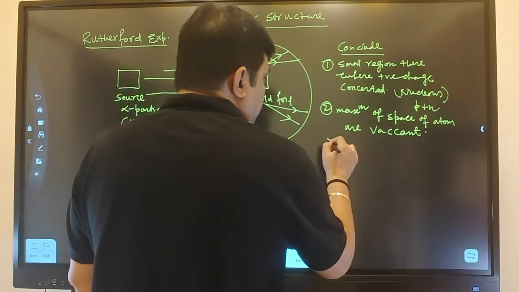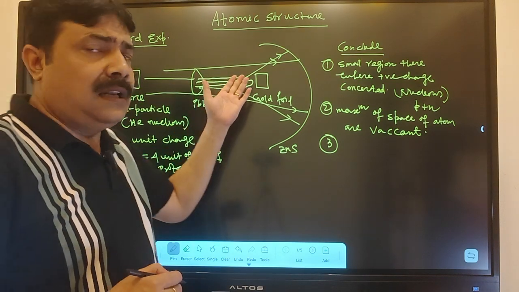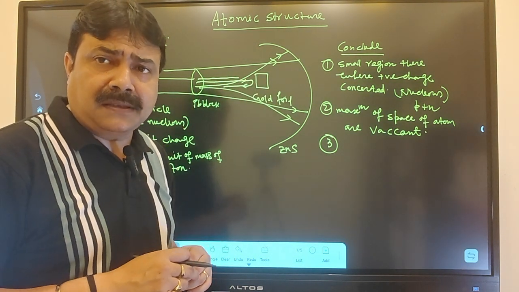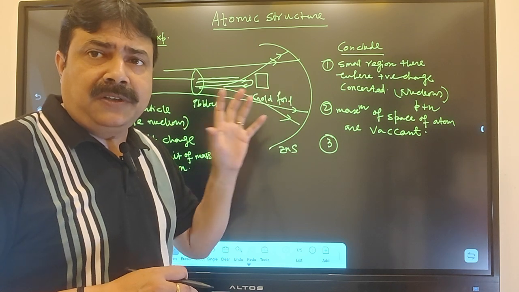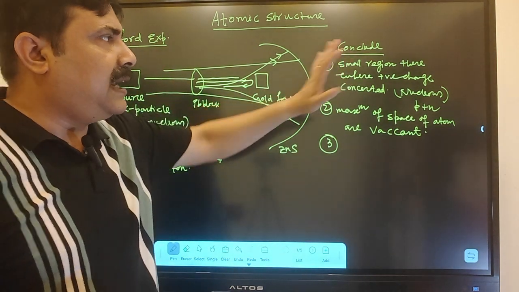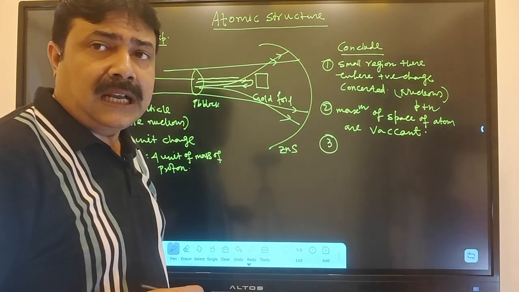Now, third important point, a very small number of alpha particles get deflected because of positive repulsion. The nucleus part of the atom is a positive part. So that's why there is a deflection. That's why I wrote that there is a small region where positive charge is concentrated.